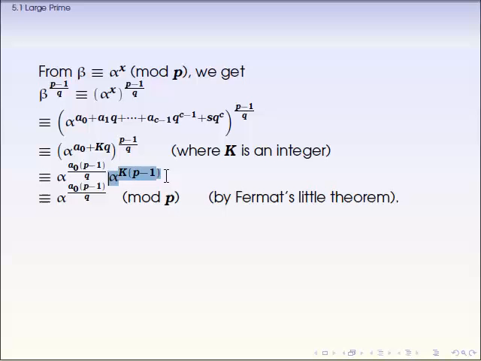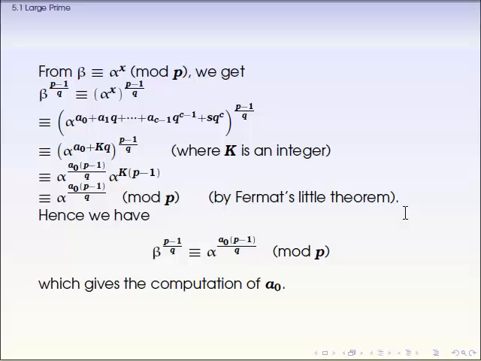So this part becomes 1, so we don't need it. So this whole number is congruent to this notation. So once again, beta to the p minus 1 over q is congruent to alpha to the that modulo p.